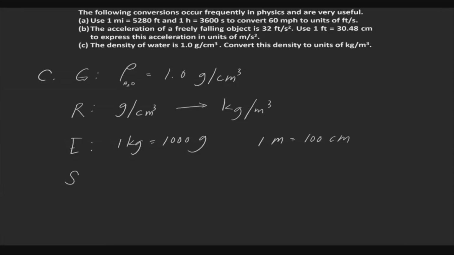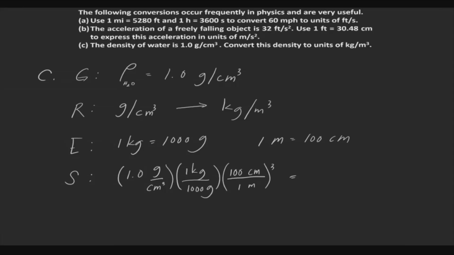For our solution, we multiply 1 gram per centimeter cube by the conversion factor of grams to kilograms. We have for every 1 kilogram, 1000 grams. Then we multiply the conversion factor for centimeters to meters. So we have 100 centimeters. We need to raise this quantity to the power of 3. We take the cube. So here we have 1 times 1 kilogram divided by 1000.